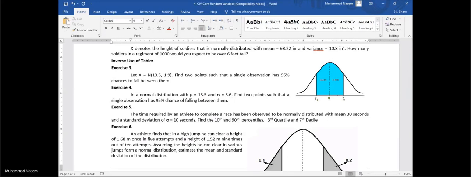If z is equal to x minus mu over sigma, so definitely x is equal to mu plus sigma z. As z is known, sigma is known, mu is known, so easily we can find the corresponding point in terms of x.